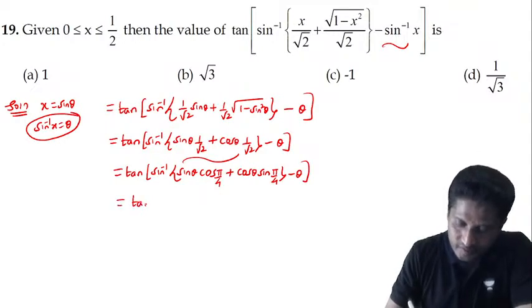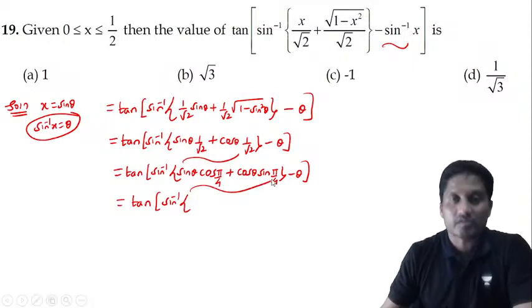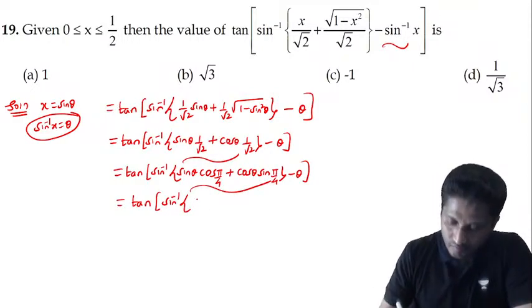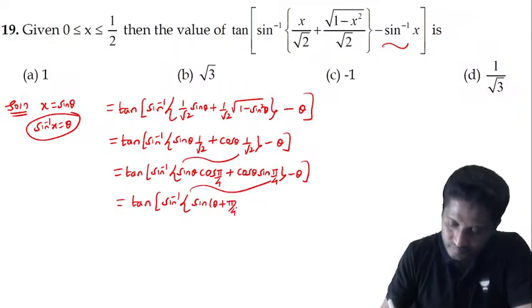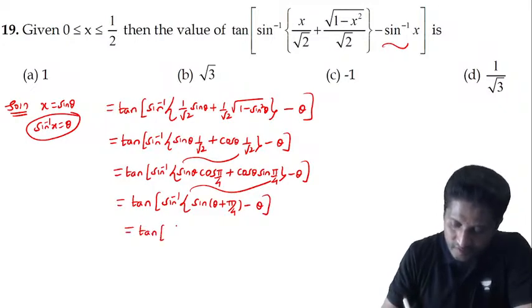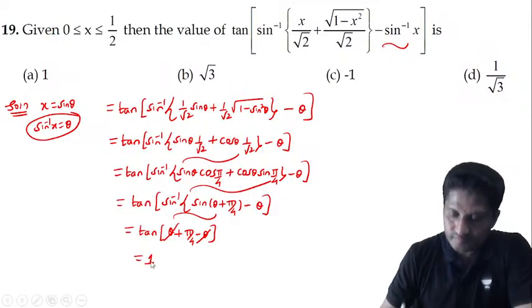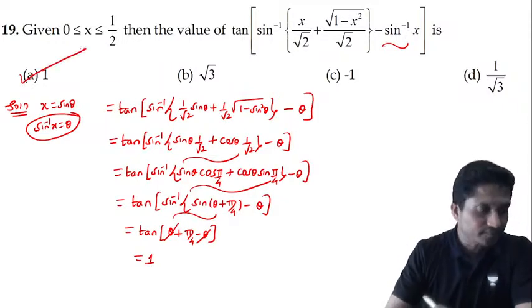Now I'll use the compound angle formula: sin a cos b plus cos a sin b is equal to sin of a plus b, that is theta plus pi by 4, and then minus theta. This is equal to tan of sin inverse of sin of theta plus pi by 4, which is theta plus pi by 4 minus theta. It will cancel, and tan 45 will be equal to 1. The answer will be equal to 1.